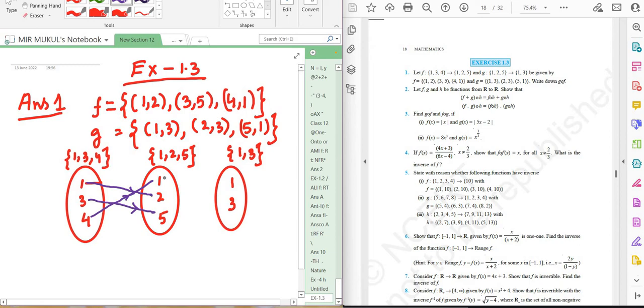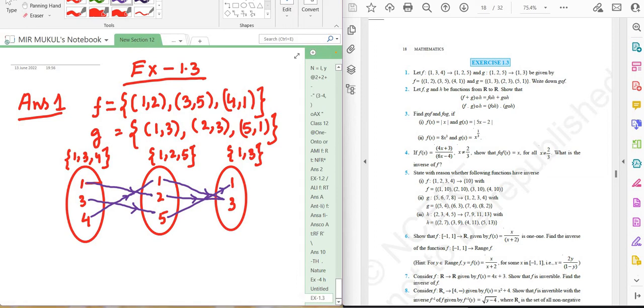Then under g, the image of 1 is 3, of 2 is 3, and of 5 is 1.